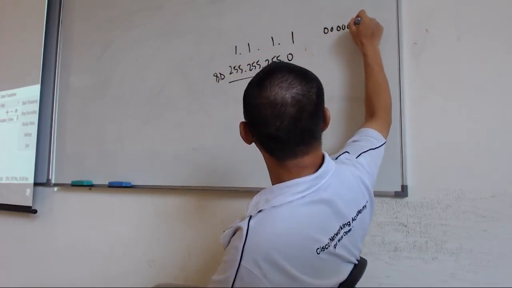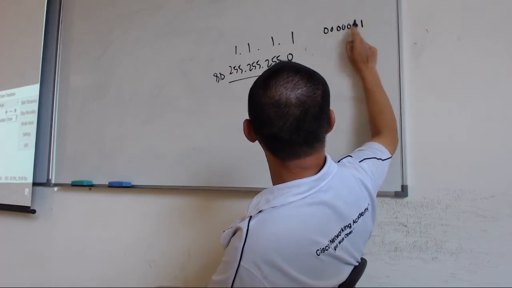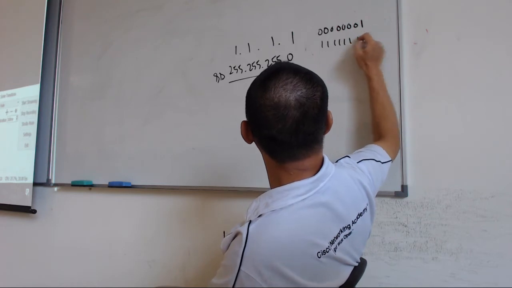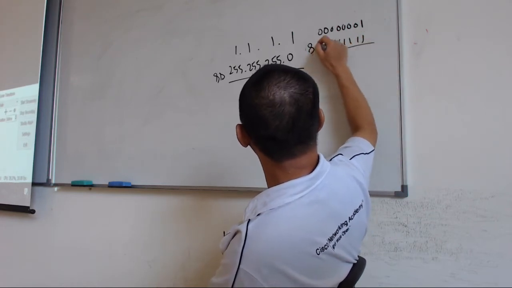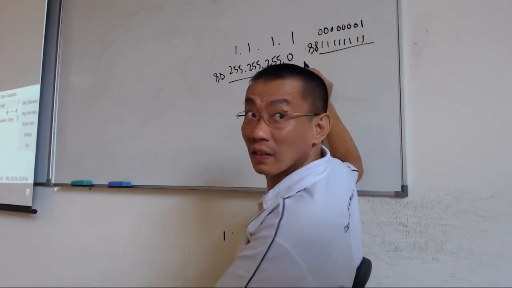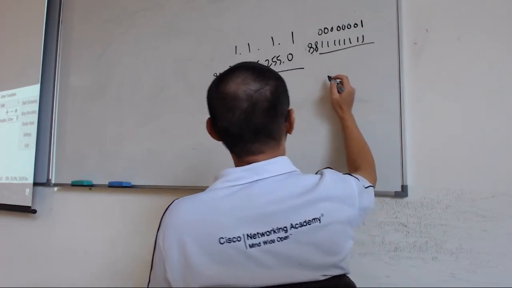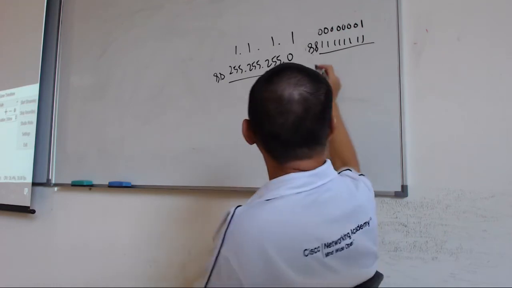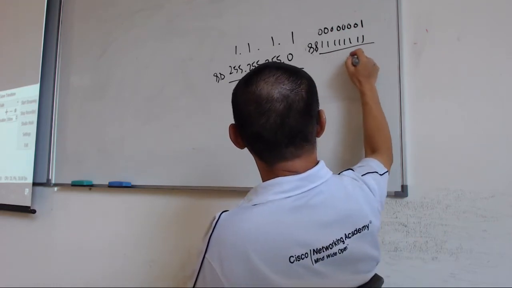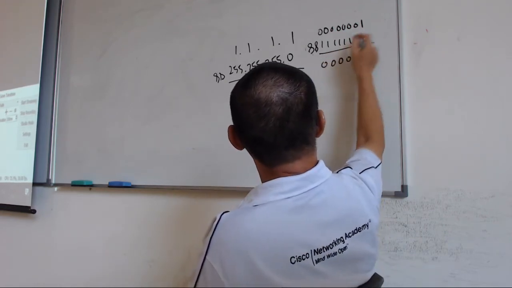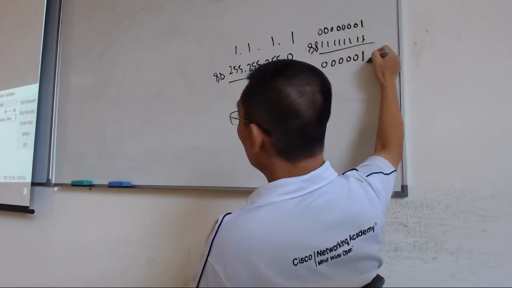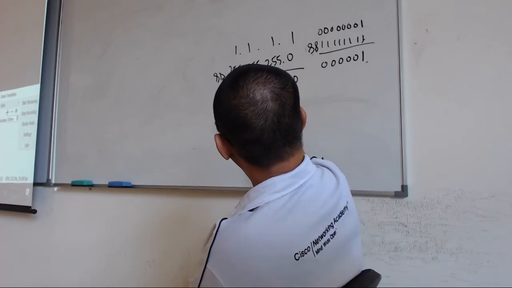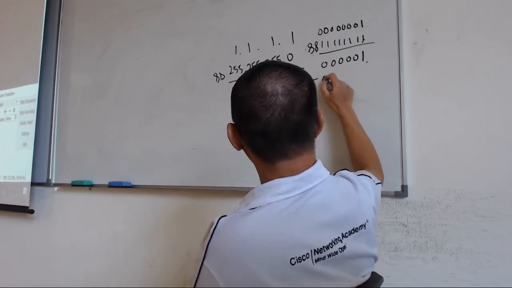This is 1, and this is 255. When you AND it, what do you get? 1 and 1, you get 1, correct? So you get 1.1.1.0. This is your network.